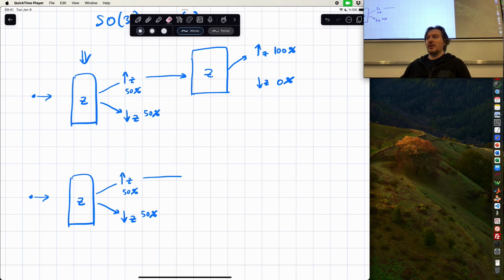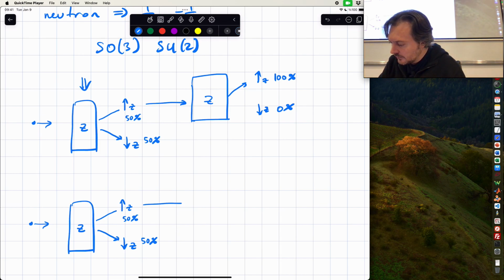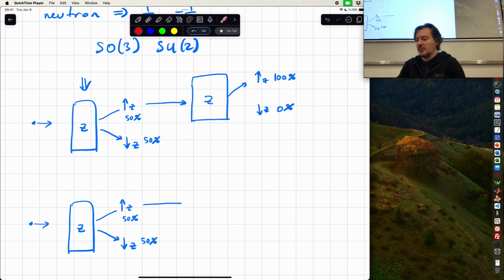Once you pass through upspin, you are 100% upspin, and this part of the experiment shows it, right? So this part of the experiment tells us that once you choose this part that is upspin, it comes out as upspin over here as well, right? So what do you classically expect?